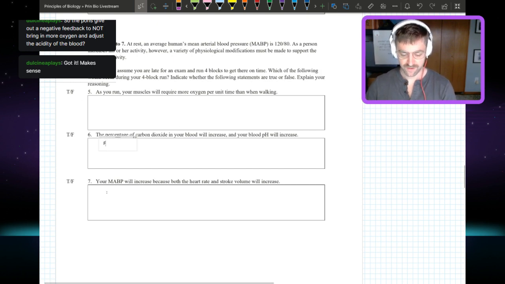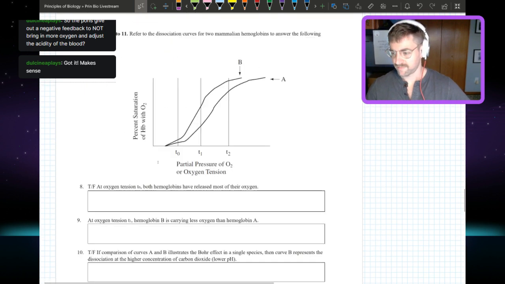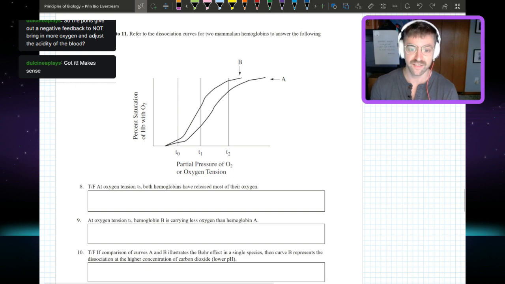True. False. All right. Last one. Refer to the dissociation curves for two mammalian hemoglobins to answer the following question.